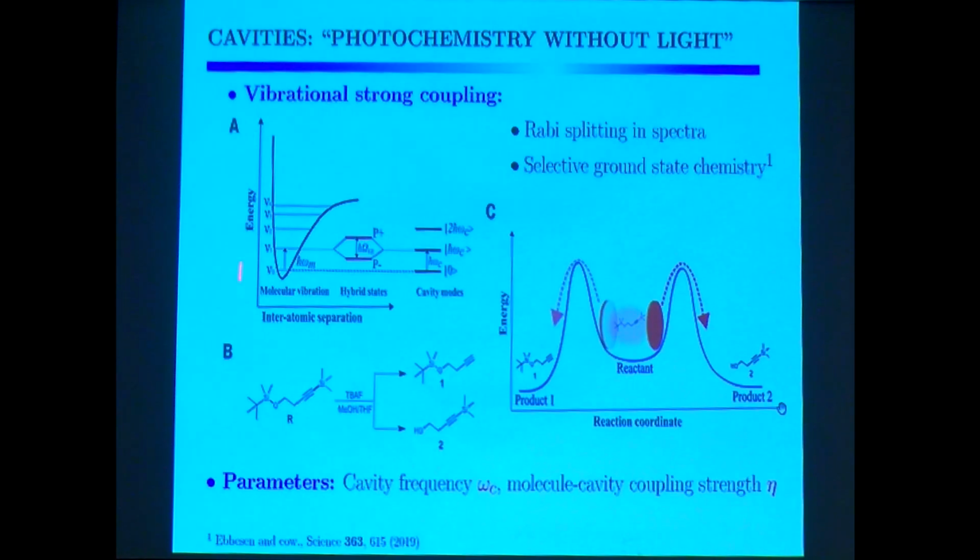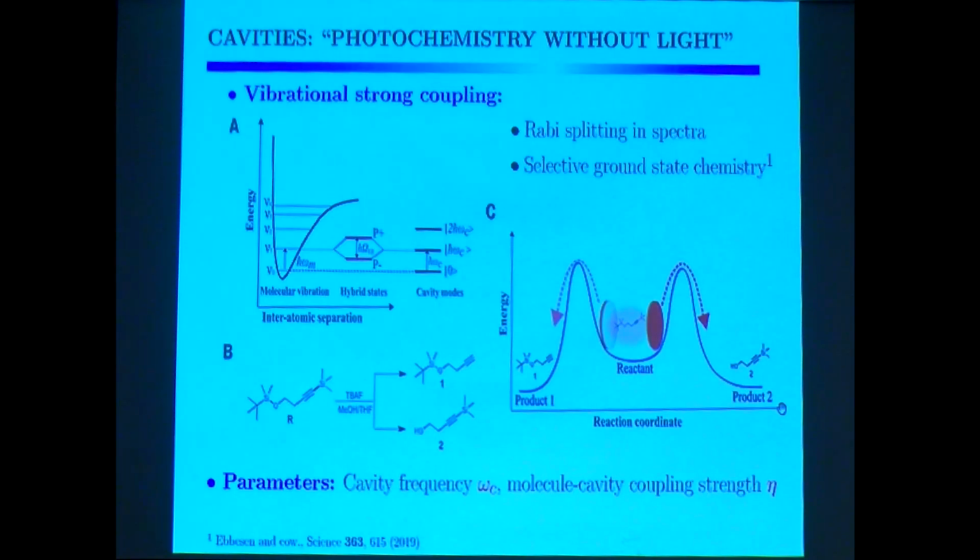So here we have a potential energy curve for a diatomic molecule, say, with the various vibrational levels. And if you couple such a quantized electromagnetic field of the cavity to the molecule, the cavity being described actually simply by a harmonic oscillator, then you get a splitting of the vibrational states in the molecule, and you get these lower and upper polaritons you may have heard of.